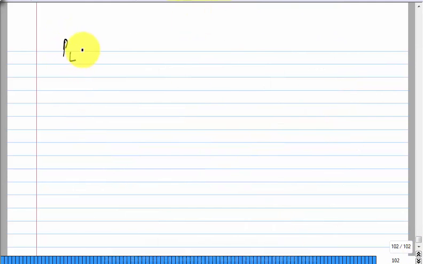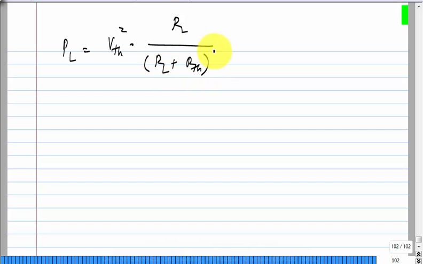Now, the power dissipated in the load is maximum, the value that is possible for this is when RL equals RTH.